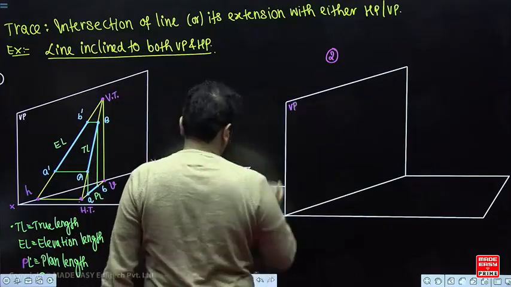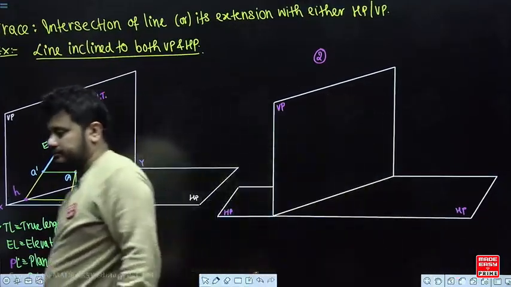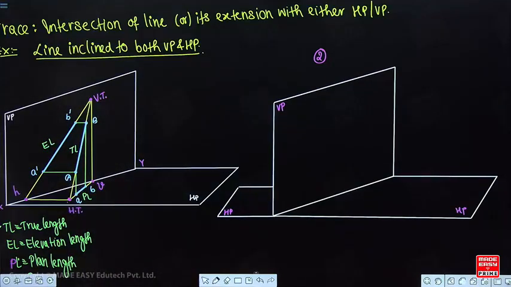This is VP, this is HP. Correct? Drawn till here.